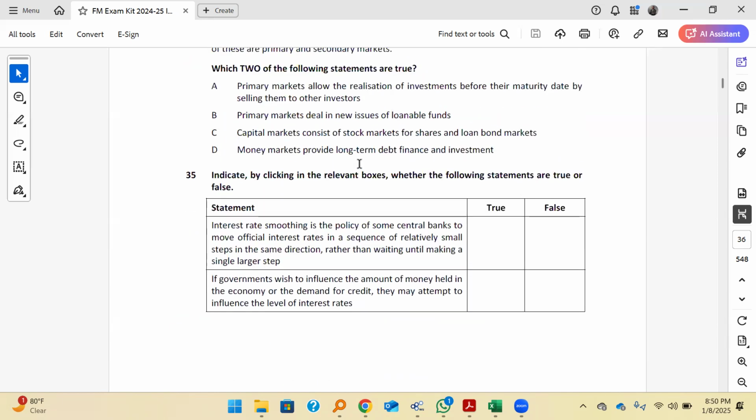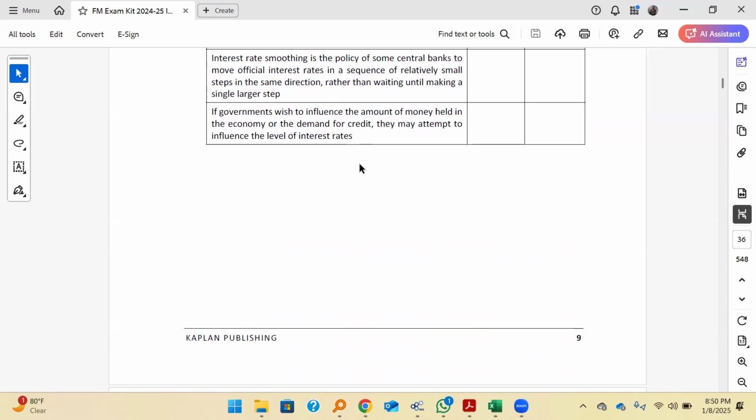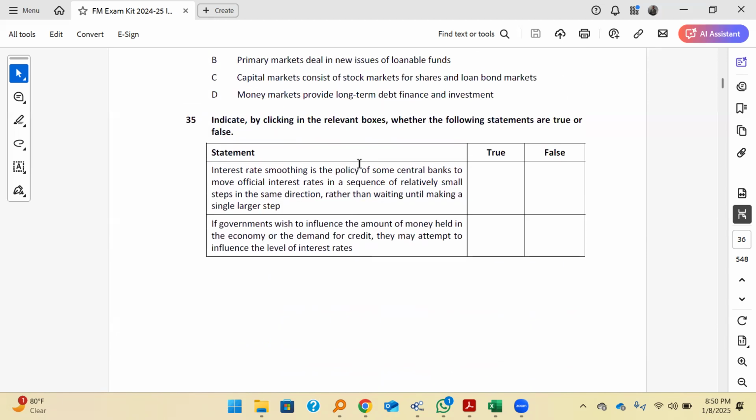And then indicate by clicking on relevant boxes whether the following statements are true or false. The first one says interest rate smoothing is the policy of some central banks to move official interest rates in a sequence of relatively small steps in the same direction, rather than waiting until making a single large step.